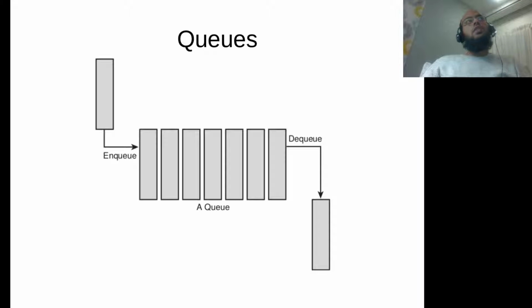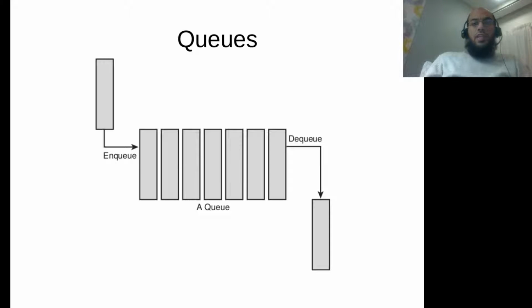Queues are a very simple data structure where, from one side, you have an enqueuing function that puts data in the queue, and from the other side, a dequeuing function that pulls the data from the queue. This is called a first in first out queue.